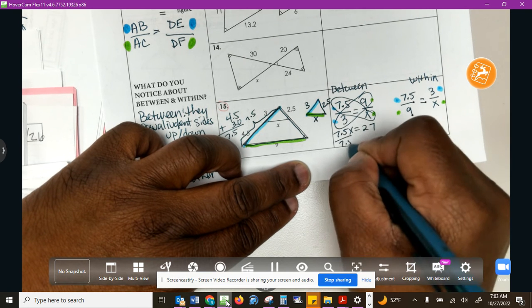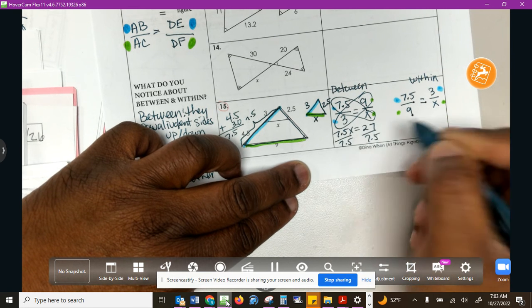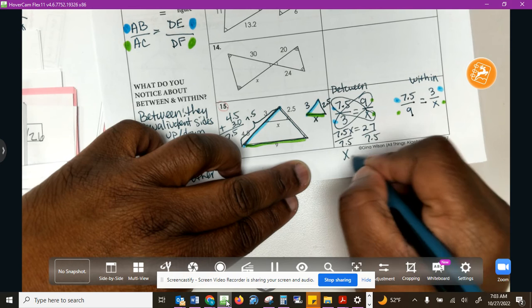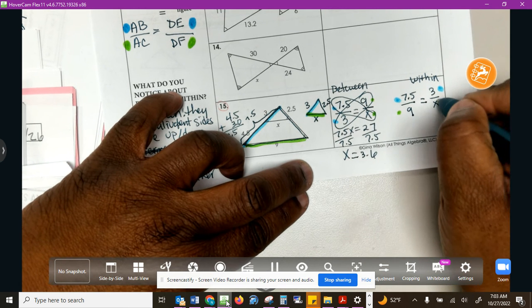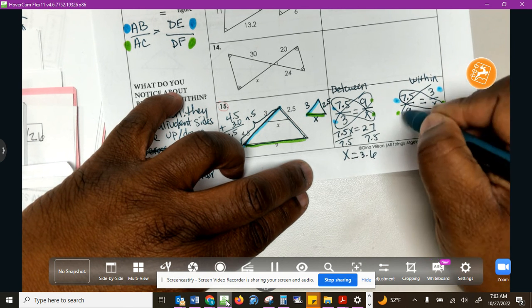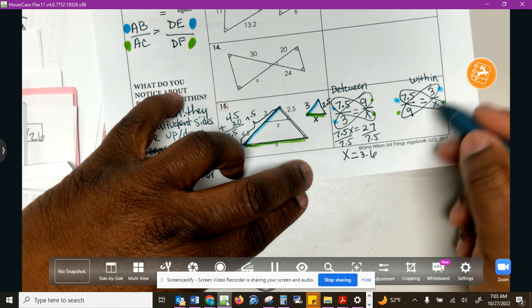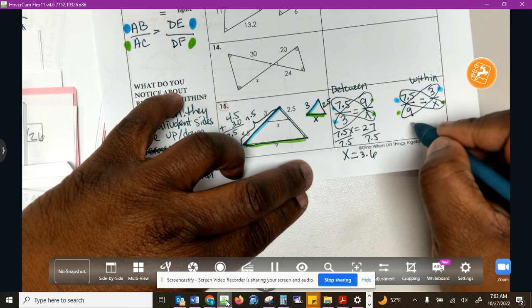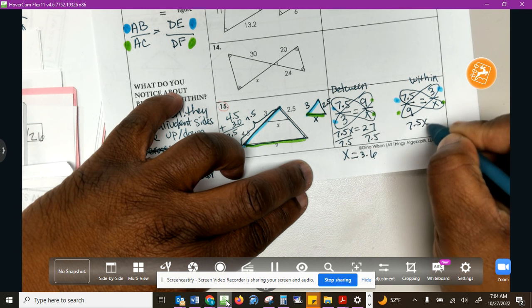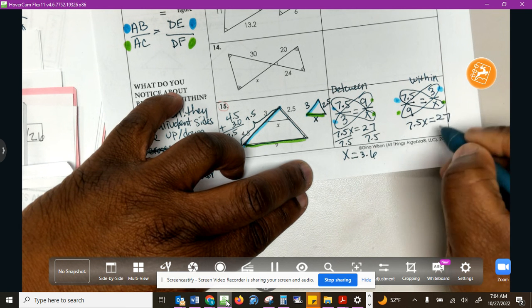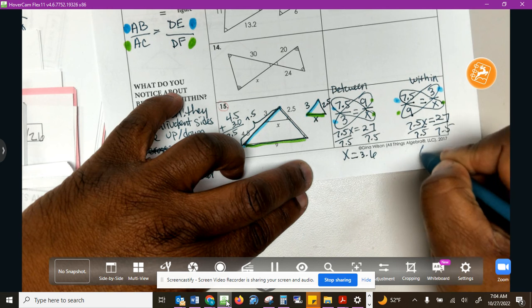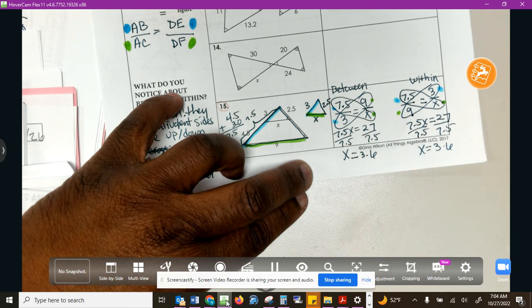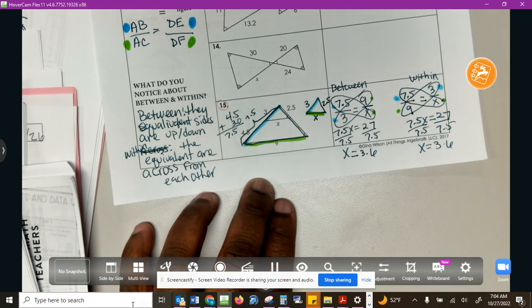When I divide by 7.5 on both sides, I get x is equal to 3.6. Now, when I go over here and I do the same thing, if you notice, I'm getting the same thing. It just might be a different order. So 7.5x is equal to 27. Divide by 7.5. x equals 3.6. All right, that was your notes.